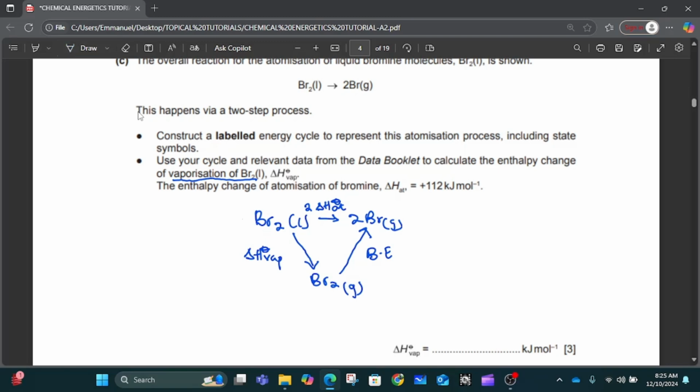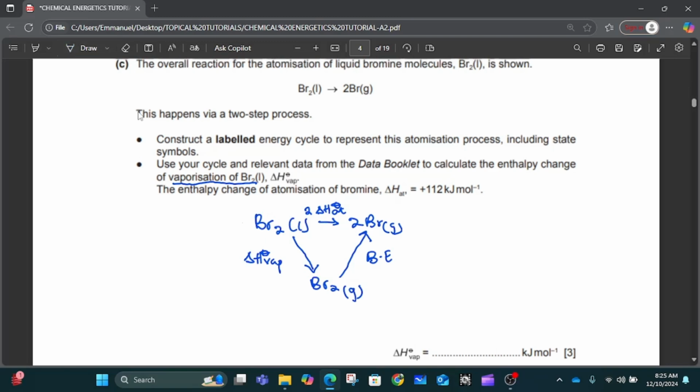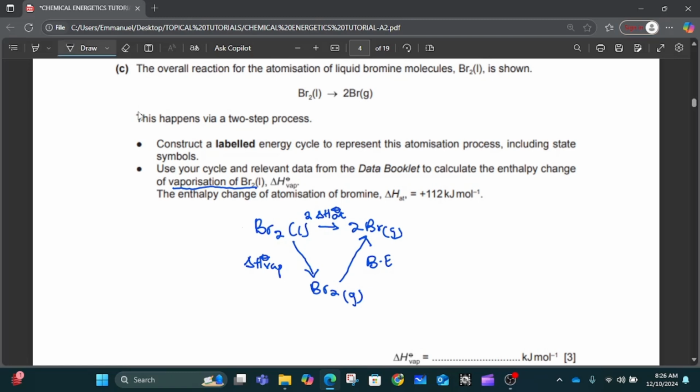To write the equation from this energy cycle, we can see that the arrow is going this way, then that way, but the top one became the opposing one. So to write this equation, we have 2 times the standard enthalpy change of atomization is equal to the sum of the enthalpy change of vaporization plus the bond energy of Br2.